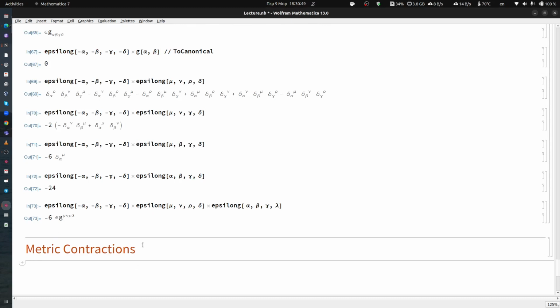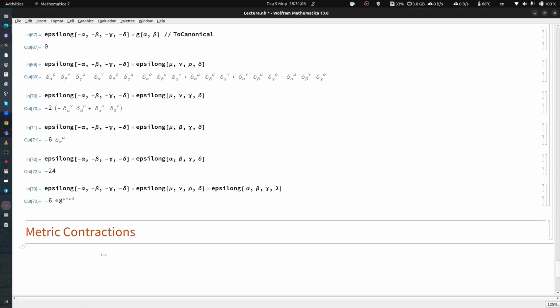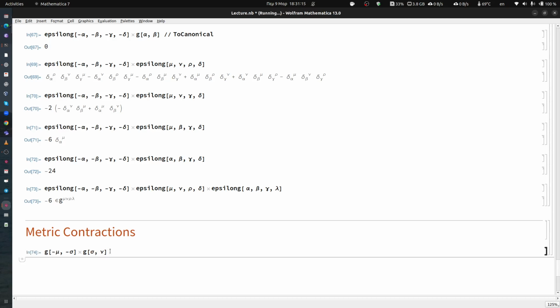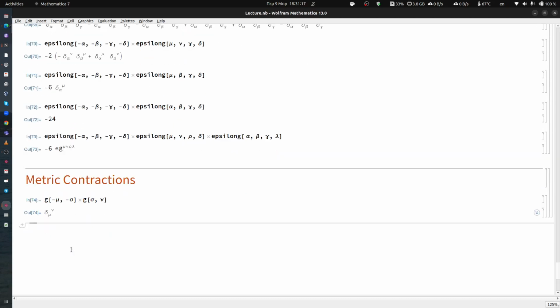So as you know very well, the metric is used to raise and lower indices. So let's look a little bit closer to how those contractions work. This is a very simple example. We take the metric and we contract one of those two indices with the inverse metric. So xTensor knows that this will give us a Kronecker delta.